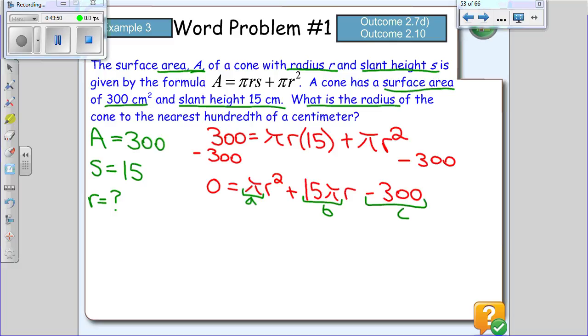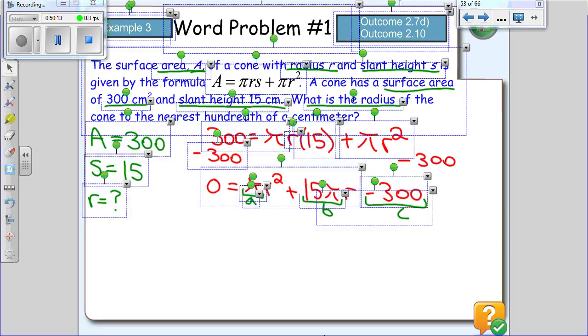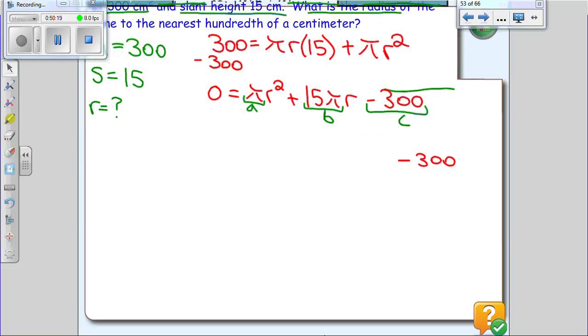So we try to solve this thing now. It's going to get a little messy on us. I'm going to put it up a little bit higher. All right. We're going to use the quadratic formula on this thing. We're going to have x. If you put r equals, that works too. But I'm just calling r x because I'm just used to it, right? It's stuck in my brain.